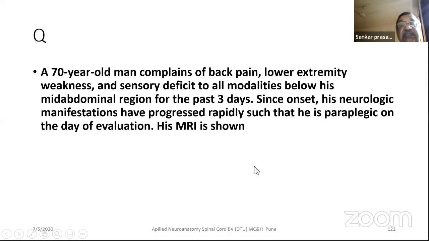Since onset, his neurological manifestations have progressed rapidly, such that he is paraplegic on the day of evaluation. His MRI is shown. So now we'll see the MRI, but this is only a 3 days story, and we have to identify.